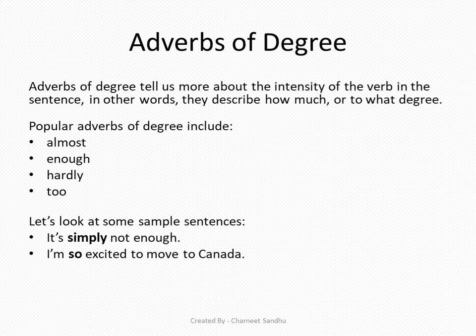Adverbs of degree can also modify adjectives and other adverbs and are placed before the verb they modify. Some examples are almost, enough, hardly, too. Look at the sentences. It's simply not enough. I'm so excited to move to Canada.